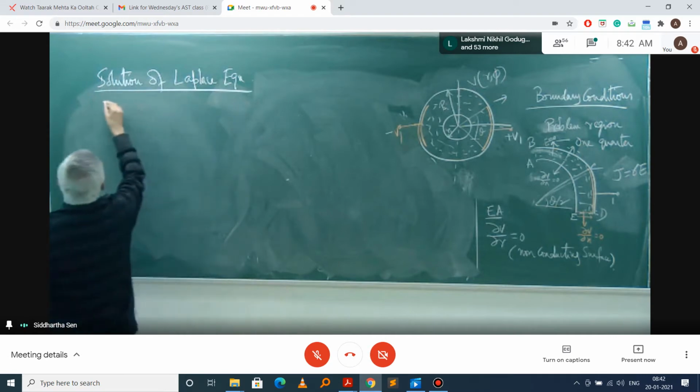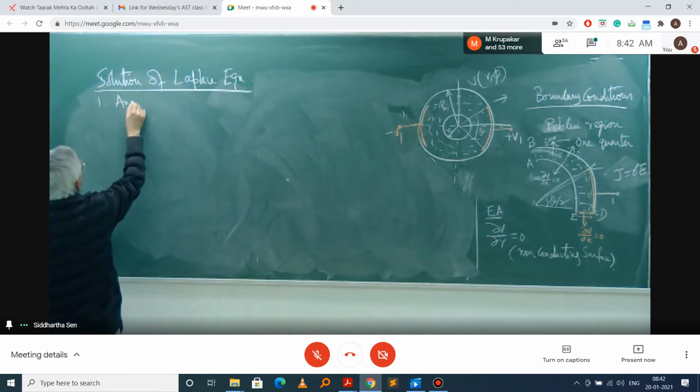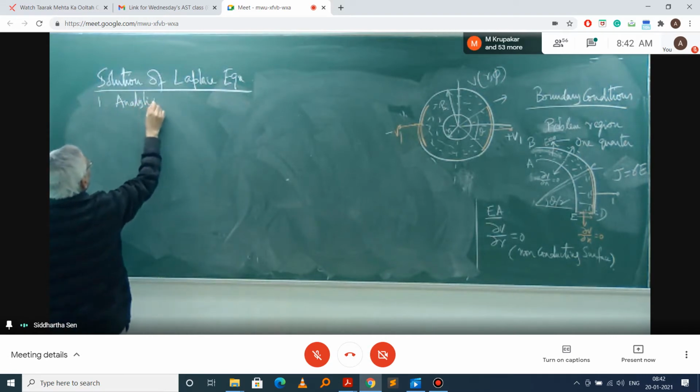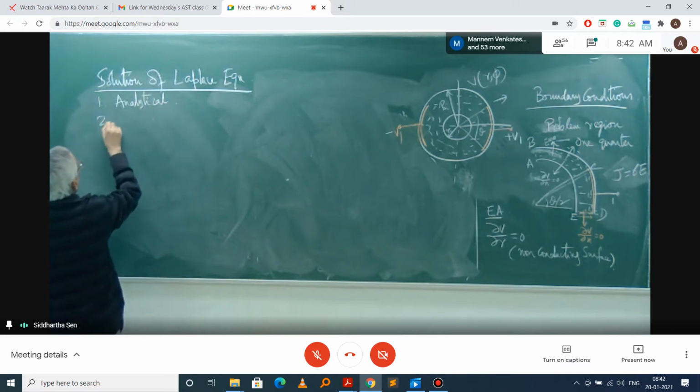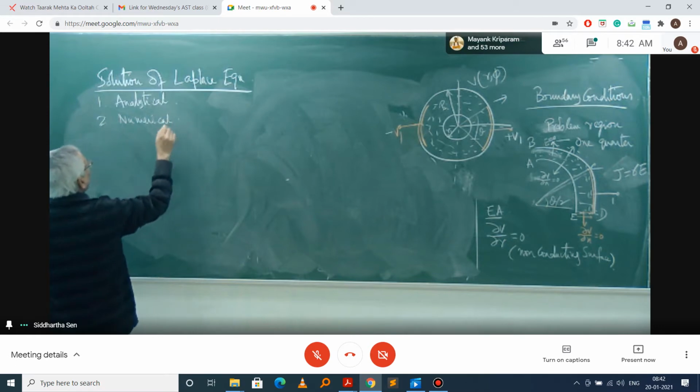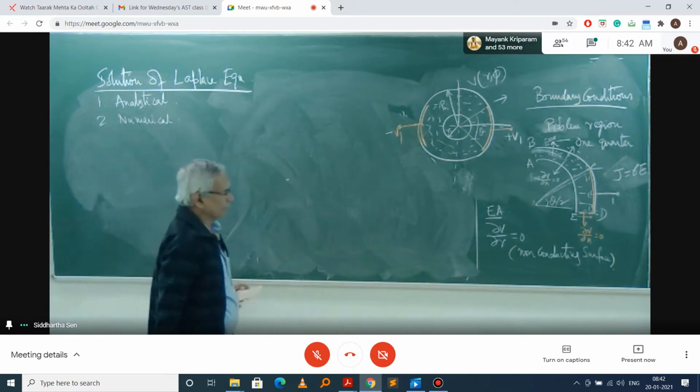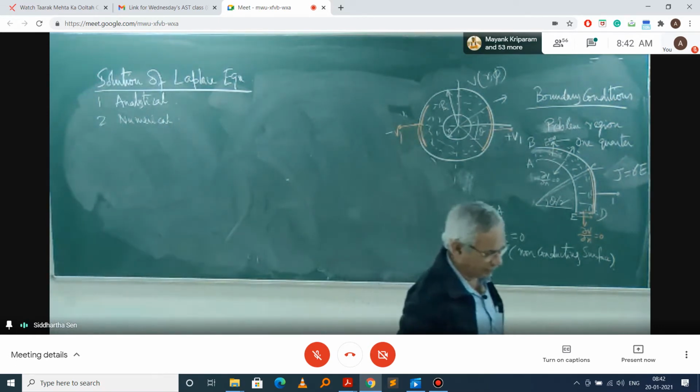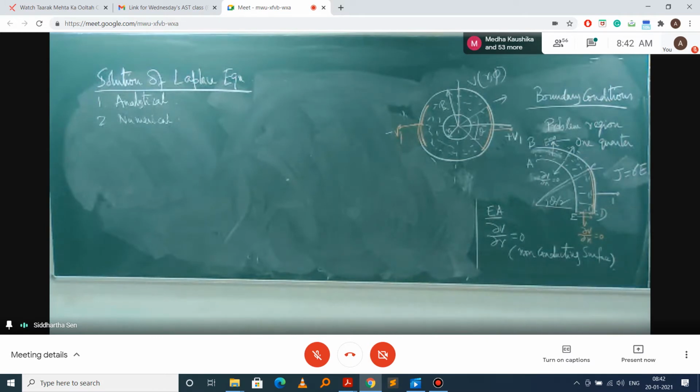As we have said, one is analytical, another is numerical, which is basically used for more complex problems, 3D problems, where you need the numerical one. But I think the analytical one is also simple, and that's why I'll start from that part.